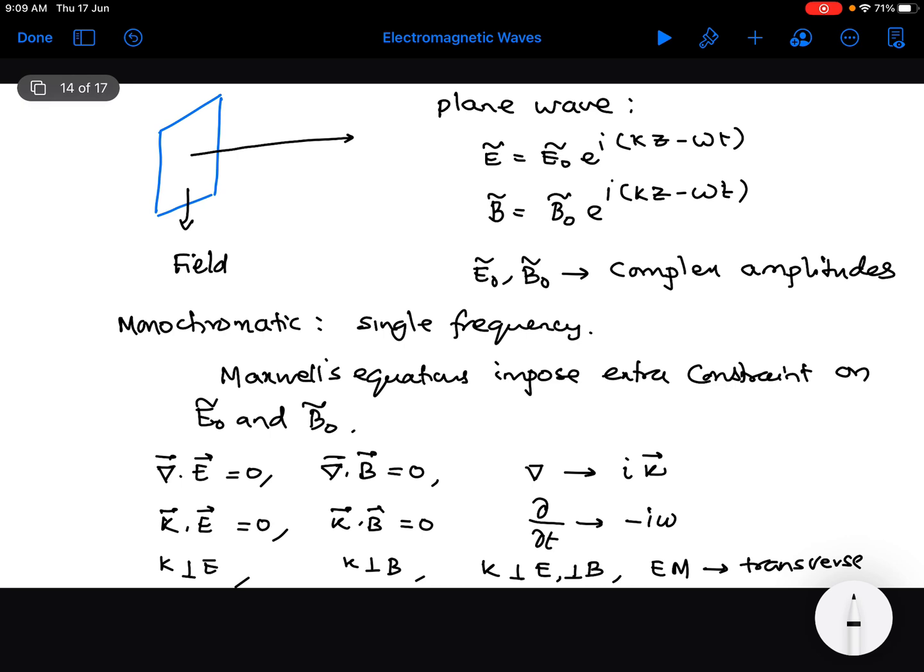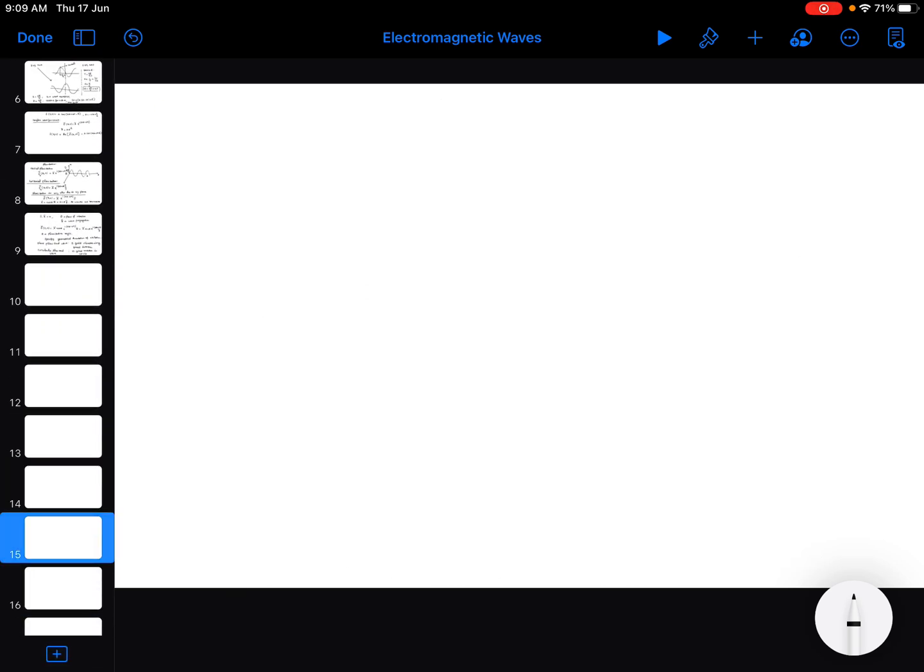Now, Faraday's law establishes a relation between the electric and magnetic fields. By using this, we can establish a relation between the electric field amplitudes, magnetic field amplitudes and the wave vector. So, del cross E is equal to minus ∂B/∂t. This is Faraday's law.